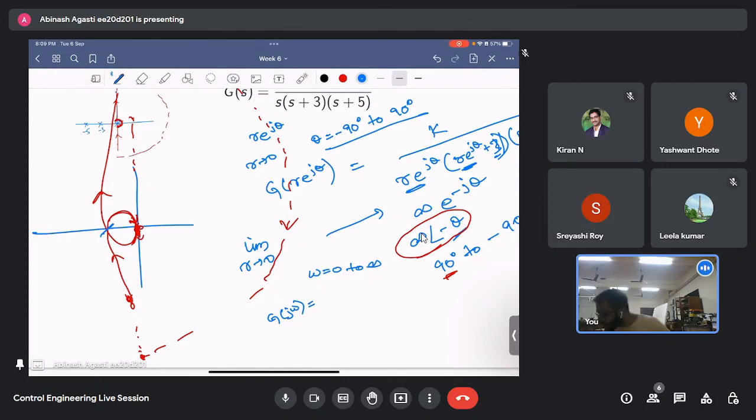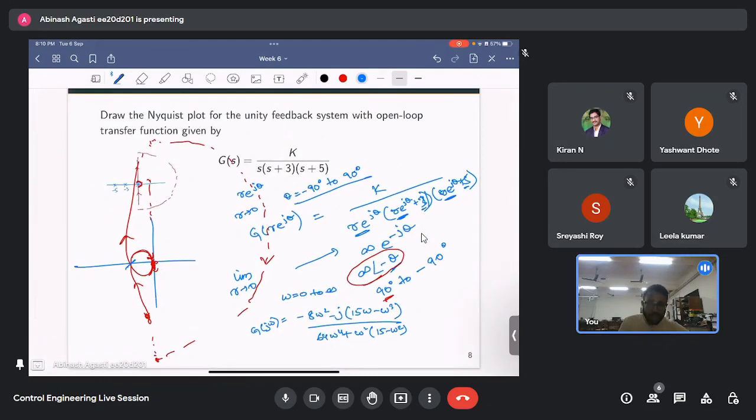The G(j omega) that you have, if you rationalize it, you will get this term: minus j 15 omega minus omega cube by 64 omega to the power 4 plus omega square into (15 minus omega square). So I put the imaginary part as 0, so omega is equal to root 15. At this point, the frequency will be omega equal to root 15.